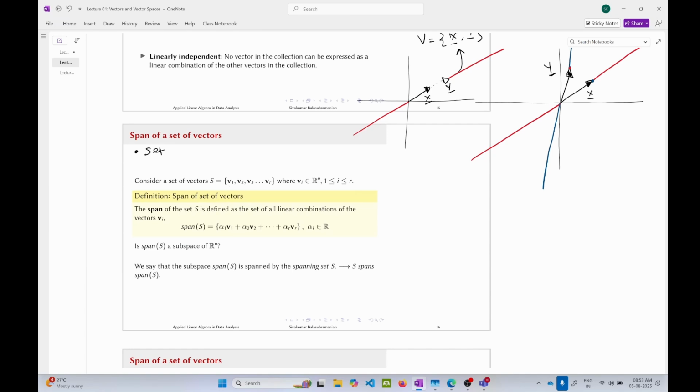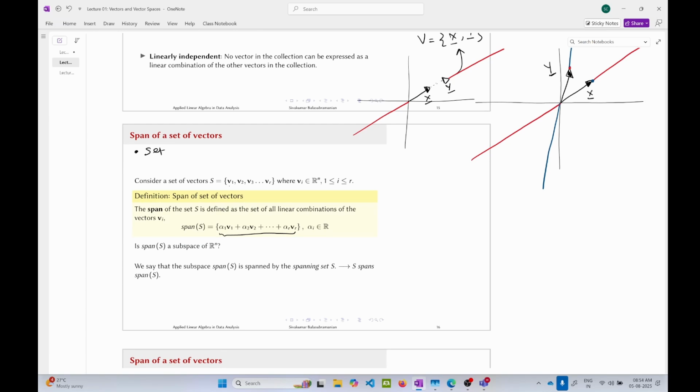If you have a set of vectors, V1 to Vr, from Rn, we'll always assume it's from Rn. We have a bunch of vectors. We can take linear combinations of these. If I write down the linear combination like this, and choose alpha 1, alpha 2 to be specific values, I'll produce one new vector.